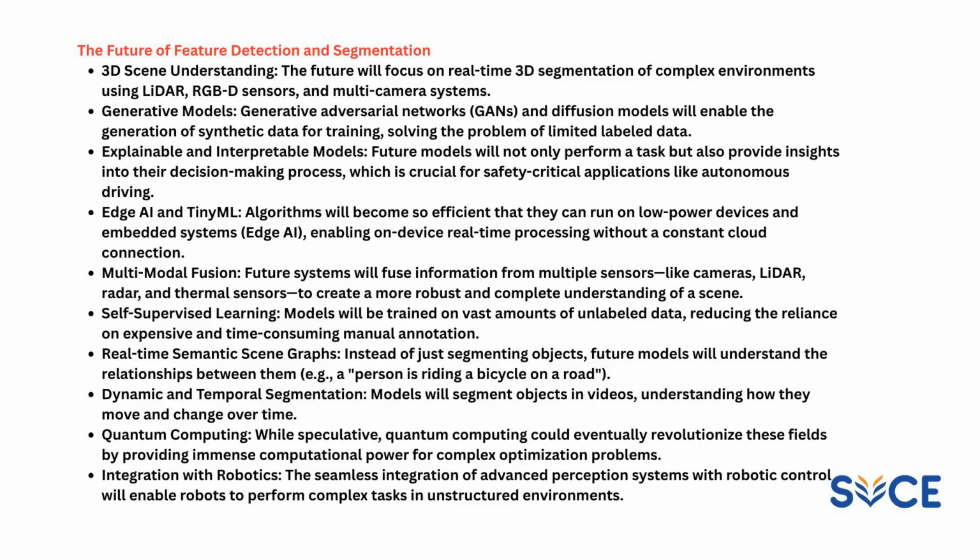This means the system will not just segment a person or a bicycle in the background or the foreground, but will understand the relationship between them: a person is riding a bicycle. This level of understanding is vital for complex robotics tasks and intelligent agents. It's already under work in research.